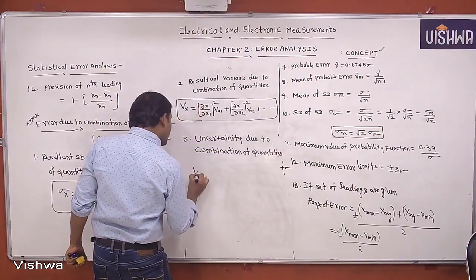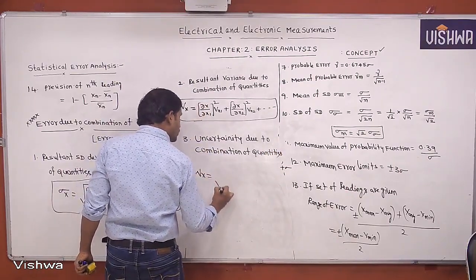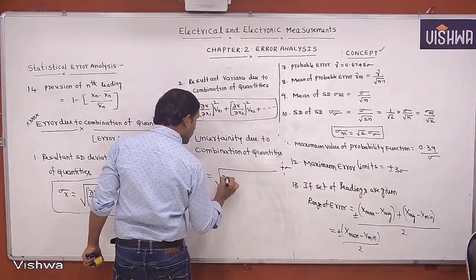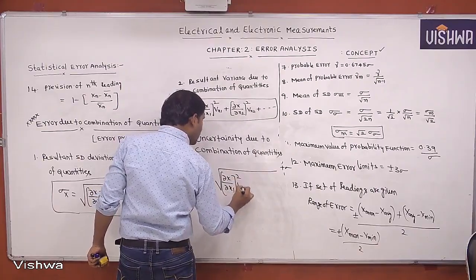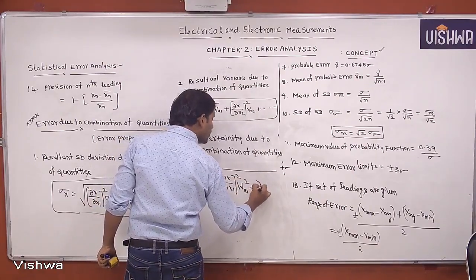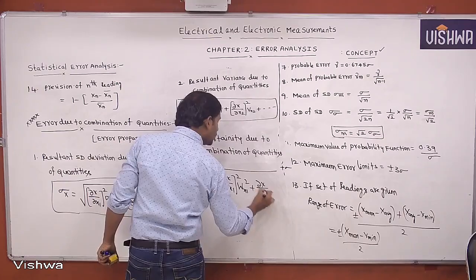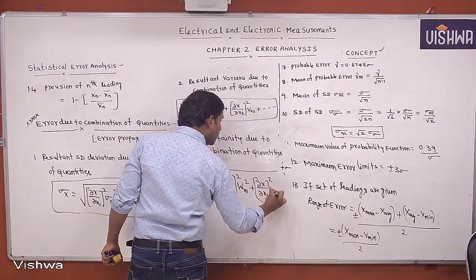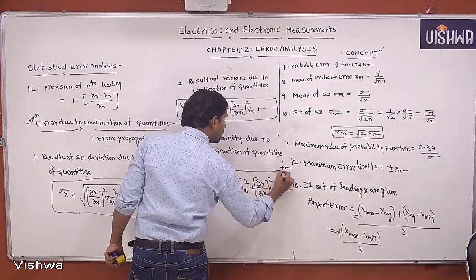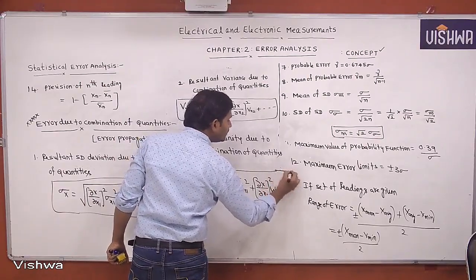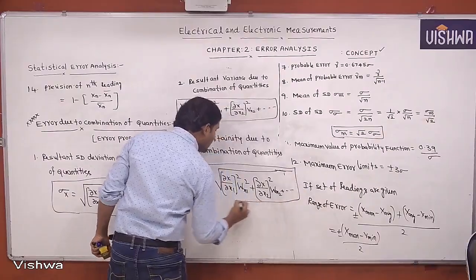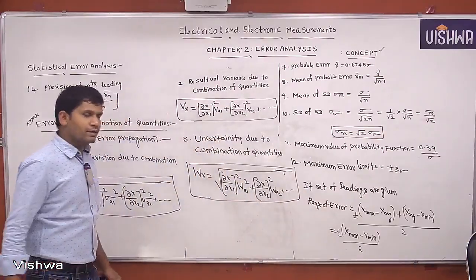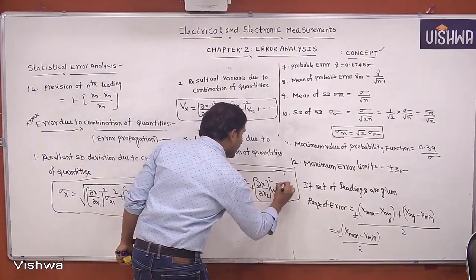Then uncertainty in x, wx, equals square root of dou x by dou x1 whole square into wx1 square plus dou x by dou x2 whole square into wx2 square plus and so on, you write. This is the uncertainty due to combination of quantities.